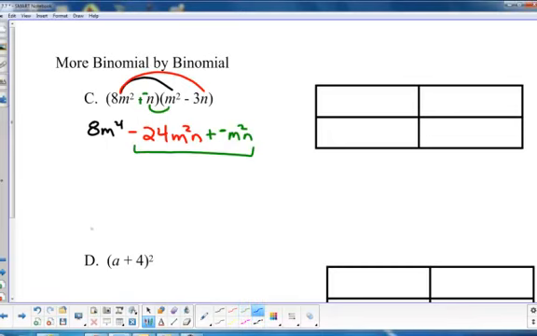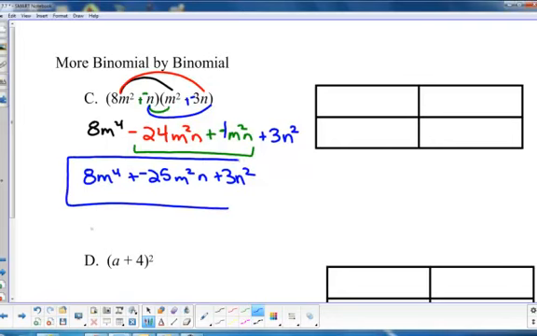It's best to put them in alphabetical order, and don't lose that negative, and don't lose this negative. So a negative 1n times a negative 3n is a positive 3n squared. Our middle two terms are like terms. So we have a negative 24m squared n and a negative 1m squared n. So that's a negative 25m squared n. And then we have our 3n squared. This is your final answer.